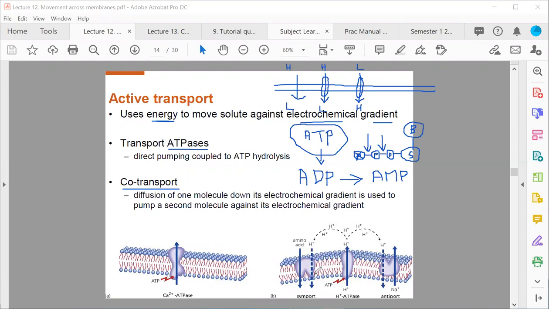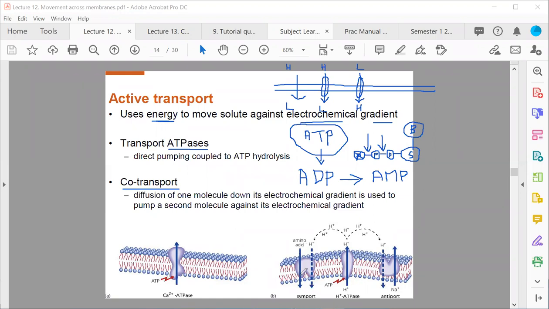additional membrane transporters. And this is one that allows protons to simply diffuse back down their electrochemical gradient. But this particular transporter here has two pores, one that allows the protons to diffuse back, and another pore that enables the transport of specifically amino acids.